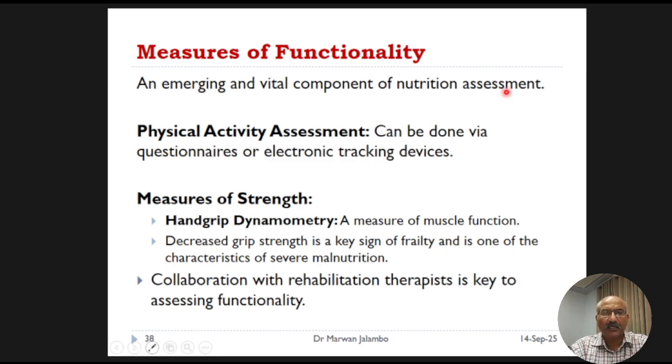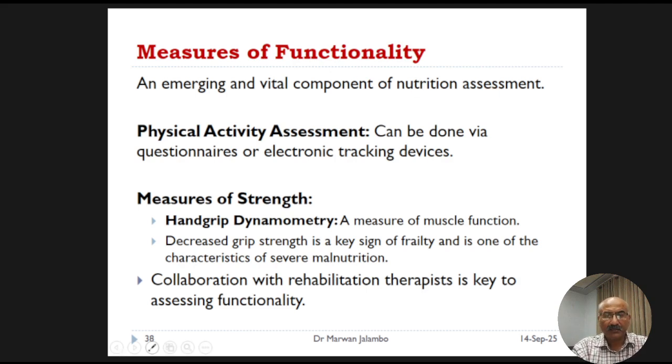Malnutrition, particularly the loss of muscle mass, directly impacts a person's ability to perform activities of daily living. A key tool for this is hand grip dynamometry, which provides an objective measure of muscle function by testing grip strength and endurance.